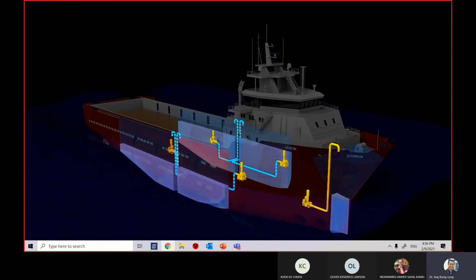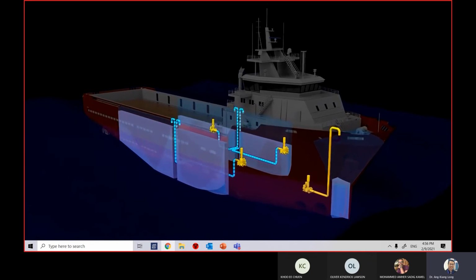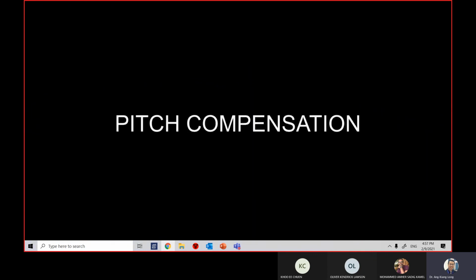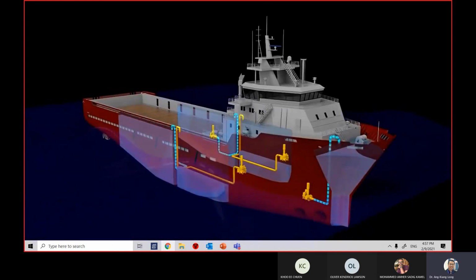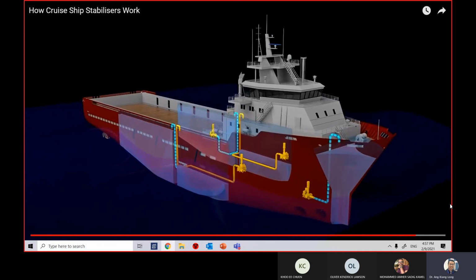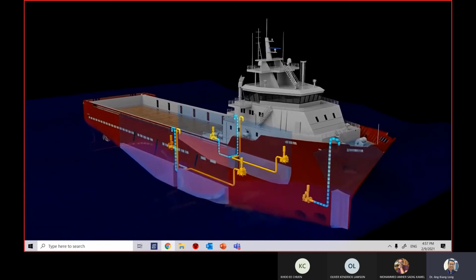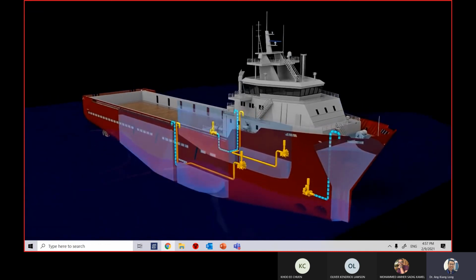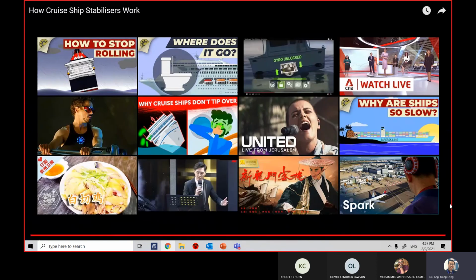You see that the system controls the water going inside the other one. Pitch compensation means the nose goes up and down. You see the pump in front of the ship here. It will pump water to the front so that there is a buoyancy force in front.